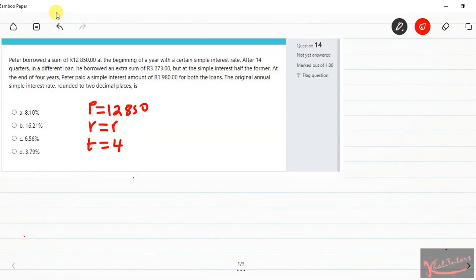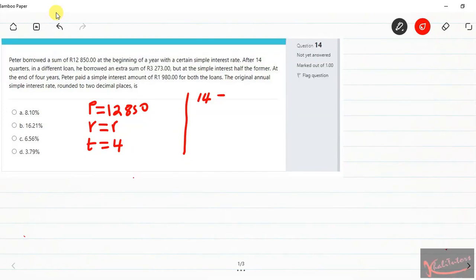Now the second loan. Remember he borrowed money after 14 months, so we need to take into account that he borrowed money after 14 months and then it ran until the end of the 4 years. When we talk about the 4 years, we're referring to the 4 years from the initial loan. So let's see how many years is 14 months.